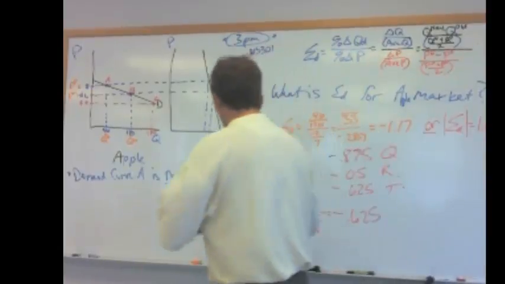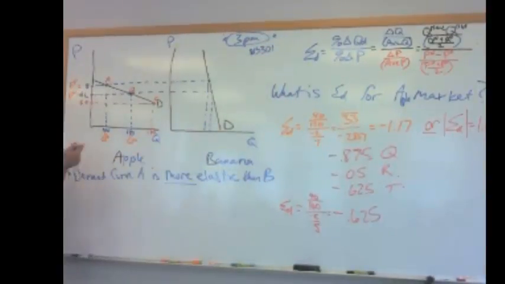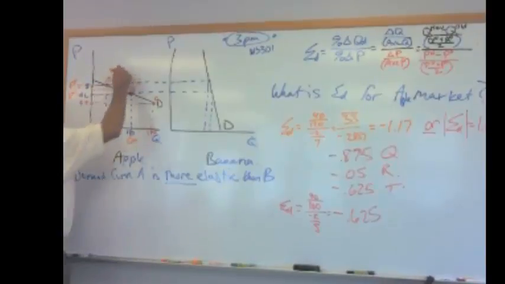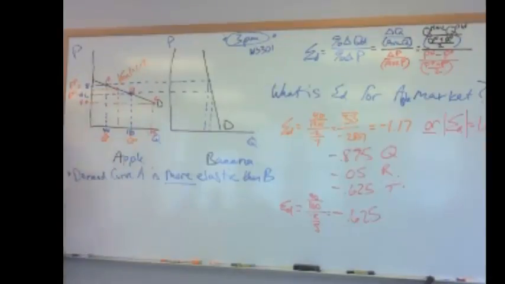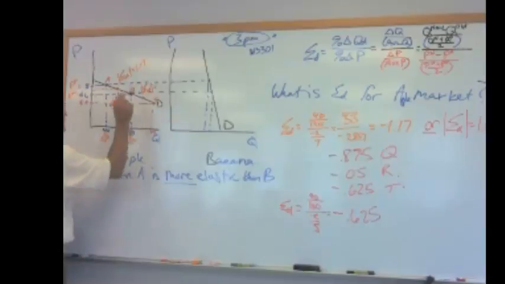So next thing I want to highlight for you is we're going to pretend like the average marks the spot. So the elasticity of demand in absolute value at this spot on the demand curve was 1.17. But now we just calculated at this spot, the elasticity of demand in absolute value was 0.625.